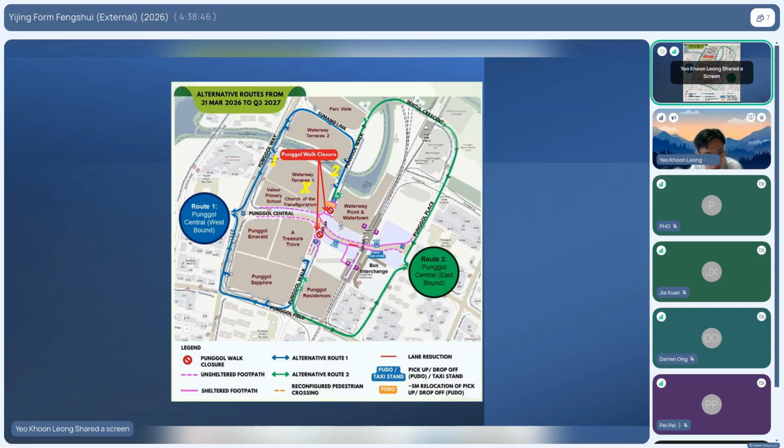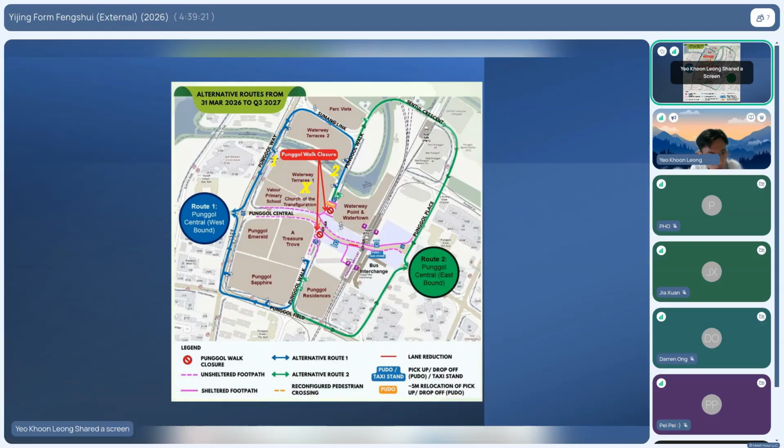Originally, traffic can flow from Punggol Walk. Cars can drive from Punggol Walk, come in here, reach ingress 2, and turn in. That is one way. Next, cars can come from Punggol Central, turn left, and then turn in. So there are two sources of turning in to ingress 2.